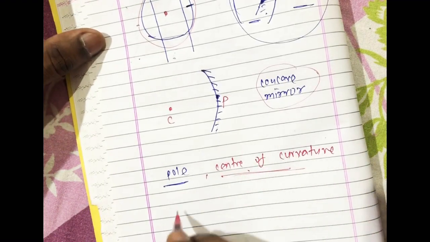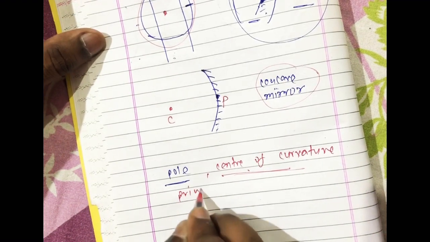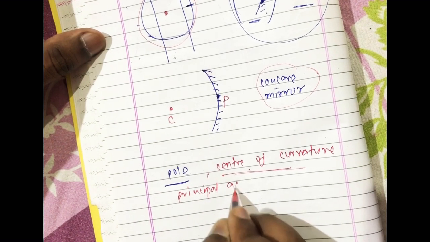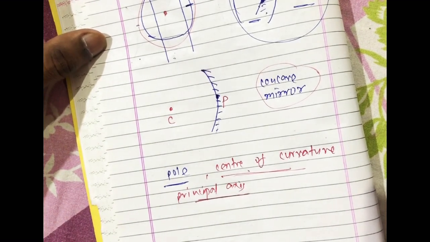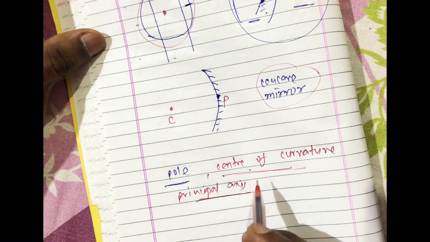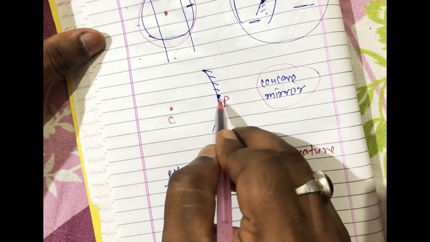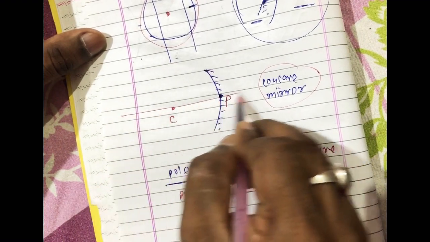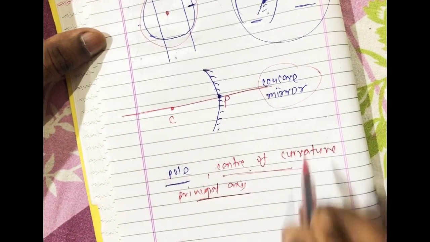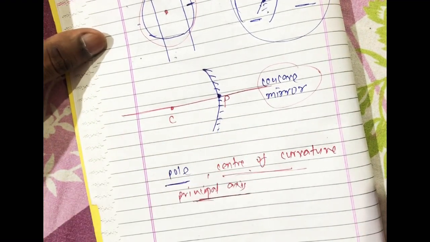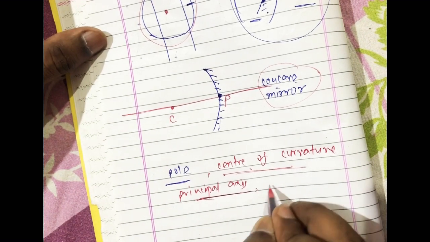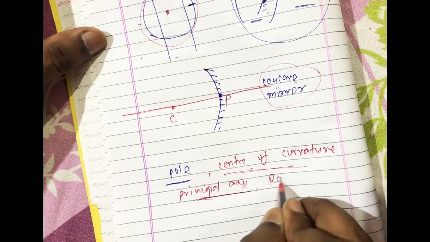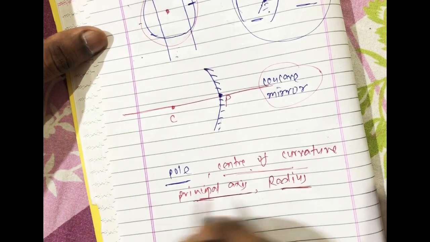Now the third term is principal axis. The principal axis is an imaginary line joining pole and focus. Now the next term is radius of curvature.